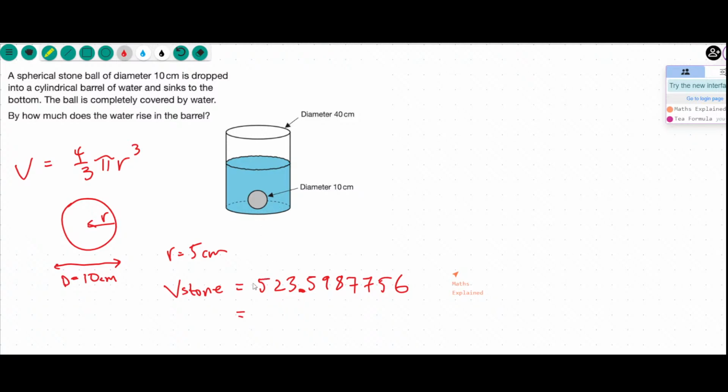So I've got the volume of this thing here, and this is going to be in centimeters cubed. The idea, I think, if I'm not wrong, is that we equate this to some sort of increase around the side. I'm just going to rub this out because I accidentally did this. So all of the water will have risen by the same amount of volume.